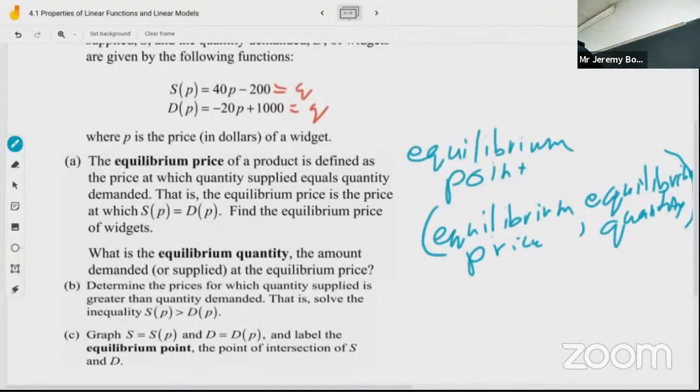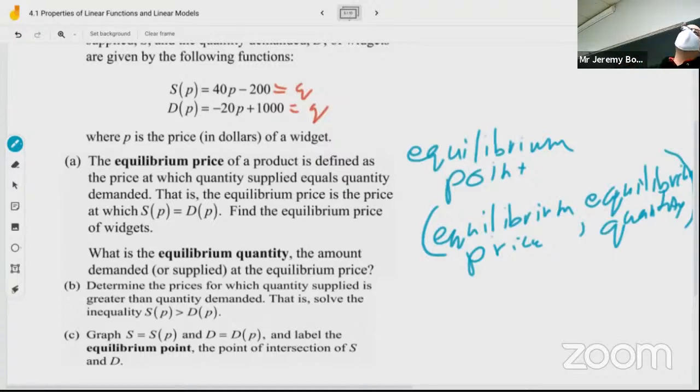Nope. So if we're looking at these two, we have S of P is equal to 40P minus 200, and D of P is equal to negative 20P plus 1,000. Now, there's different ways to solve this. You could go back to what we did for a system of linear equations.